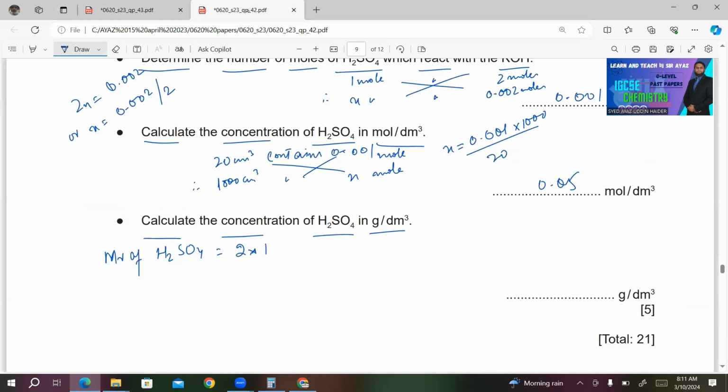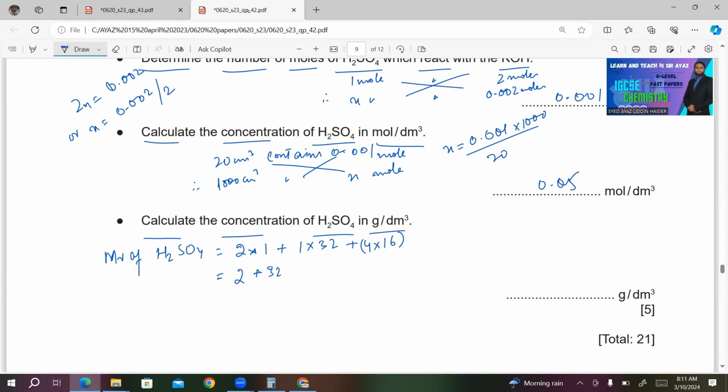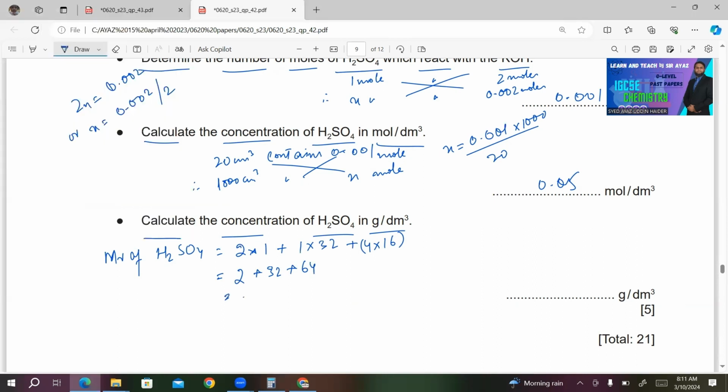So 2 multiplied by 1 plus 1 multiplied by 32 plus 4 multiplied by 16. So we'll get 2 plus 32 plus 64. We will get 98.